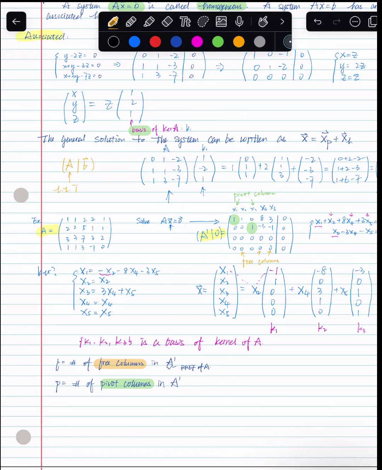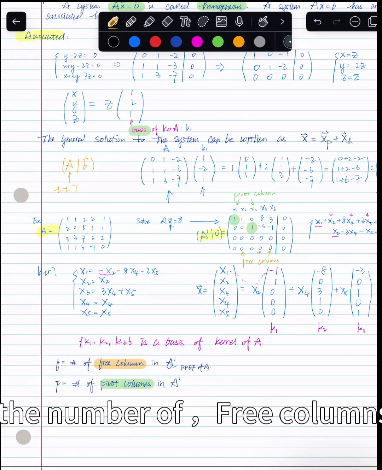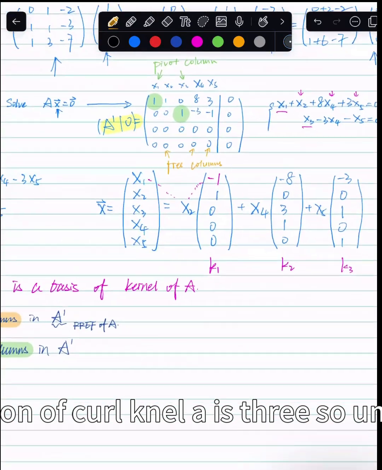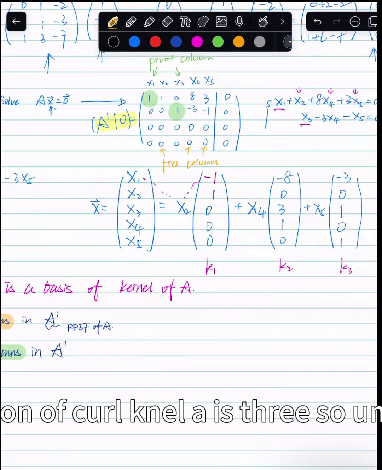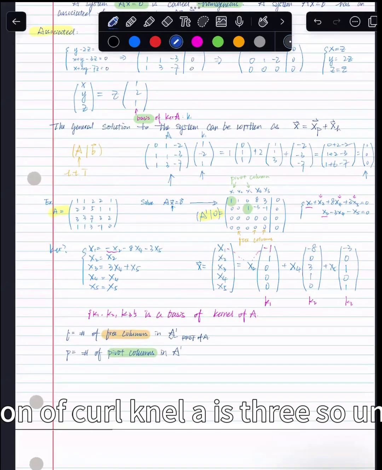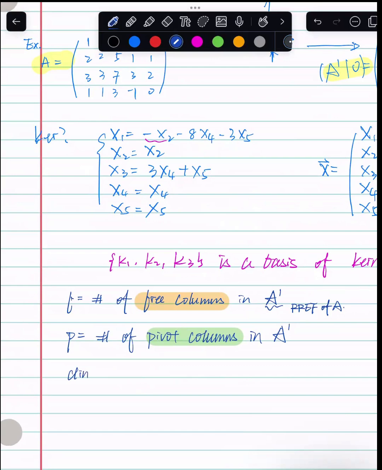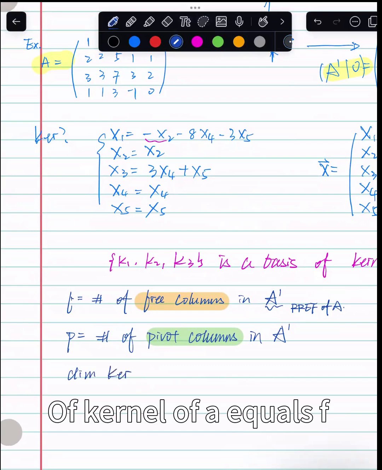So in this case, since the number of free columns in A prime is 3, we say the dimension of kernel A is 3. So f would be equal to the dimension of kernel of A.